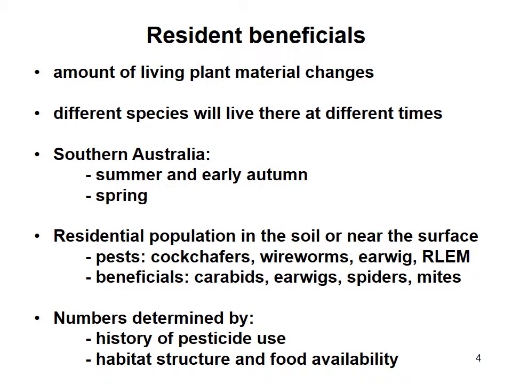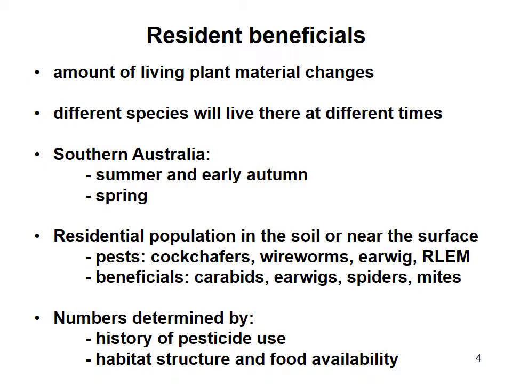In summer and early autumn, very little green plant material is present. So this can't support the same number of invertebrates as in spring. However, there is a resident population living in the soil or on or near the surface of the soil, and this may include pests such as cockchafers, wireworms, European earwig, red-legged earth mite and lucerne flea.